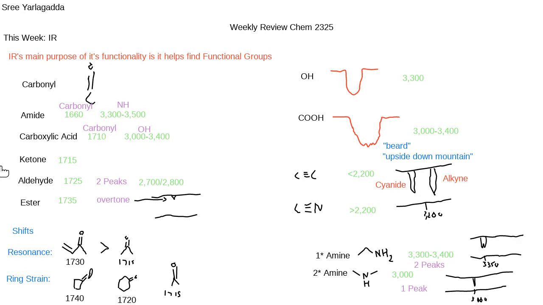When you add mass spec and NMR, the other 2 spectroscopy techniques you'll use in the coming weeks, eventually you'll have to use all 3 to solve a more complicated problem.